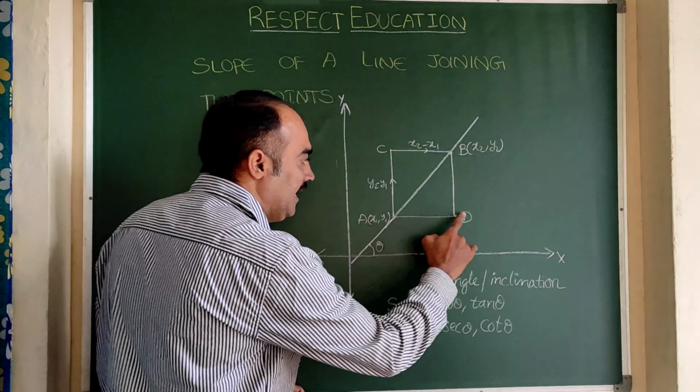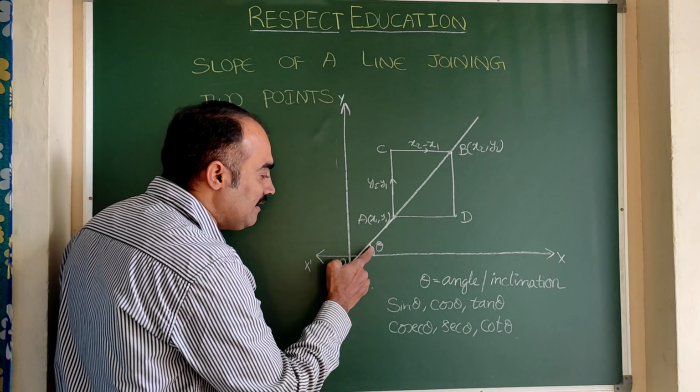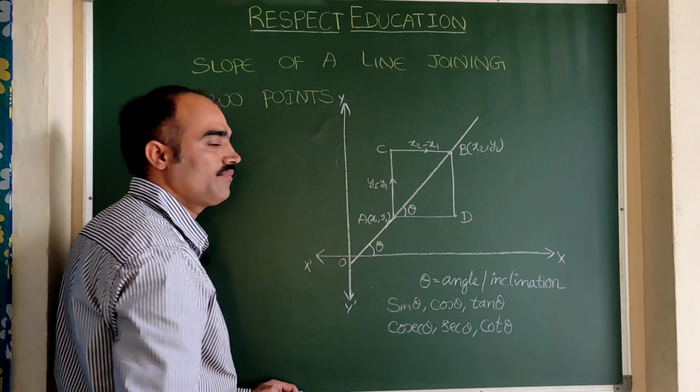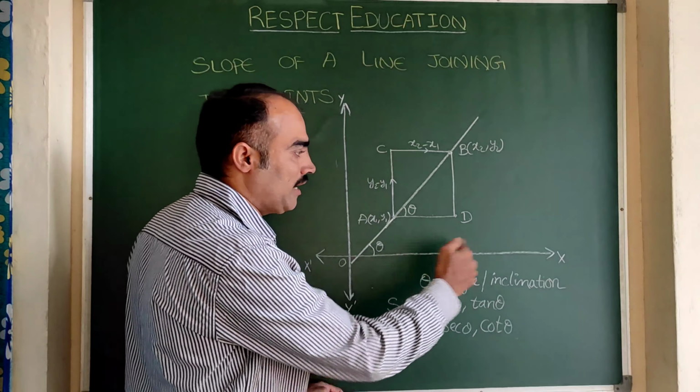Take this point as origin O; AD is parallel to OX. Then this theta can be moved here because these two are corresponding angles. Since corresponding angles are equal, we can move this theta here. Is it clear? Since AD and OX are parallel to each other, these two are corresponding angles.